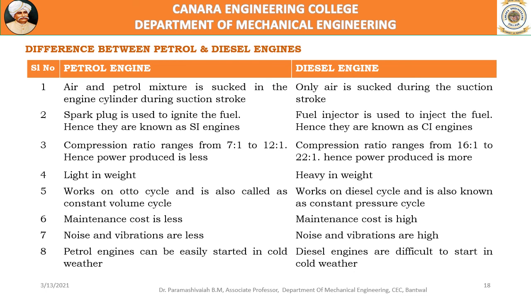A petrol engine works on the Otto cycle and is also called a constant volume cycle. A diesel engine works on the diesel cycle and is also called a constant pressure cycle. The maintenance cost is less in case of a petrol engine. Maintenance cost is more in case of a diesel engine.